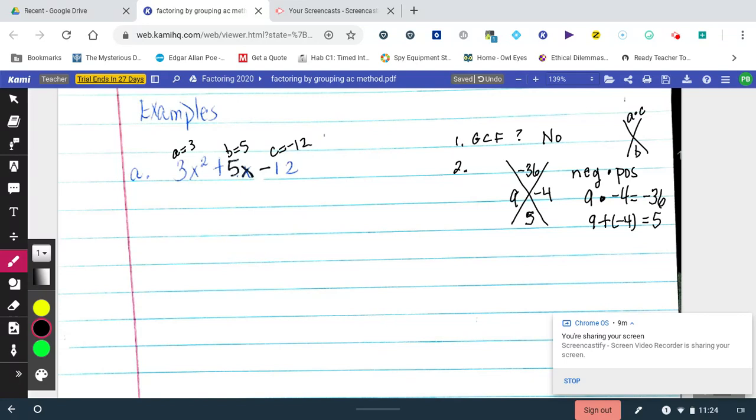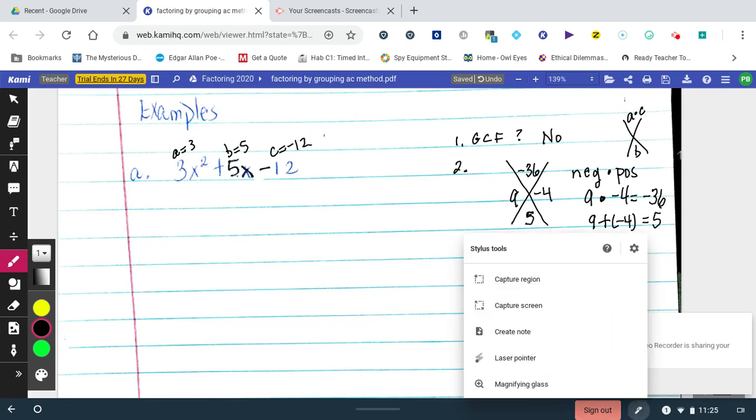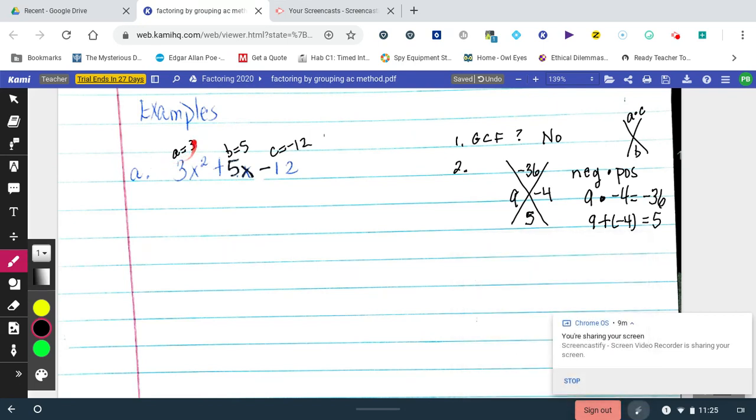So I don't want to see anybody writing x plus 9, x minus 4, because your leading coefficient is not 1. Your leading coefficient is actually a 3. So again, I told you if your leading coefficient is something other than a 1, you cannot use these numbers in your factor. So you can't go x plus 9, x minus 4, because this leading coefficient is something other than a 1.